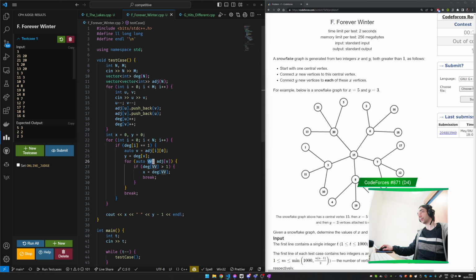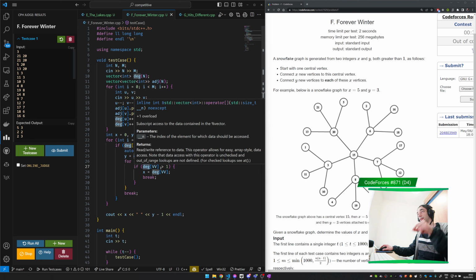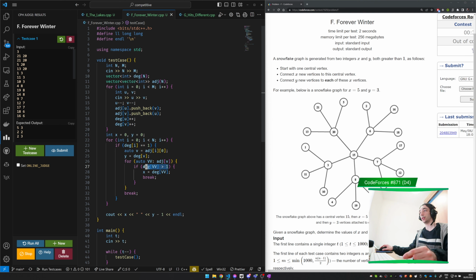Then you traverse through all of the neighbors of the y node, and if that neighbor is not a leaf node, you just remember that degree and break. The complexity is only n. It can't be more than n, you do it once.